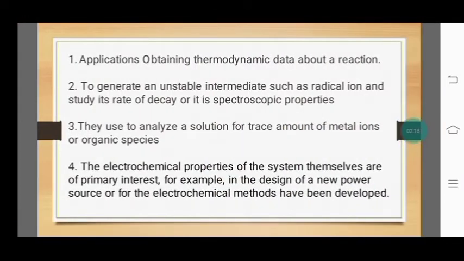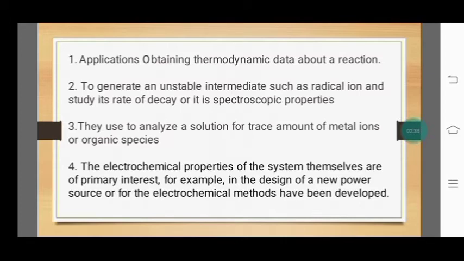Applications: first, obtaining thermodynamic data about a reaction. Second, to generate an unstable intermediate such as a radical ion and study its rate of decay or its spectroscopic properties.